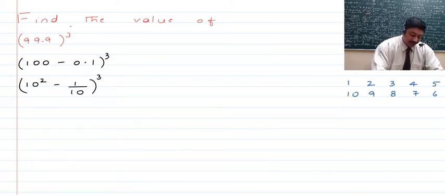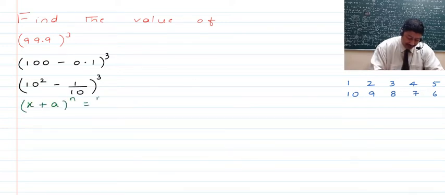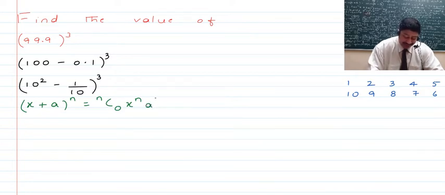Next, we will quickly recall the binomial theorem. That is, if we talk about x plus a which is raised to the power n, then that becomes equal to nC0 x raised to the power the difference of the superfix and the suffix, that is n, multiplied with a raised to the power the number in the suffix, that is 0.